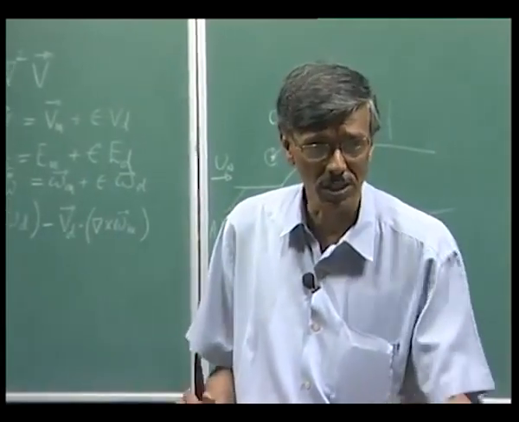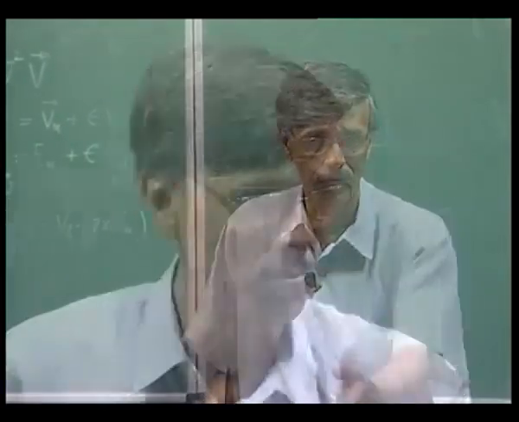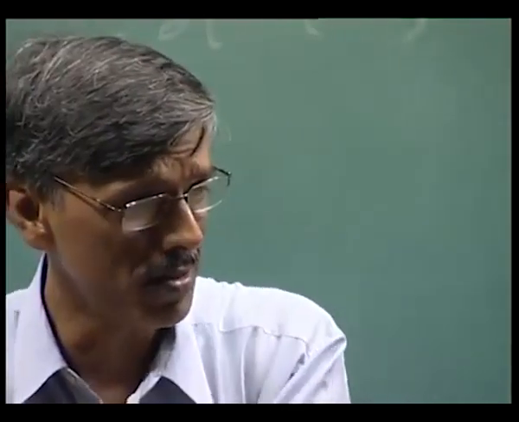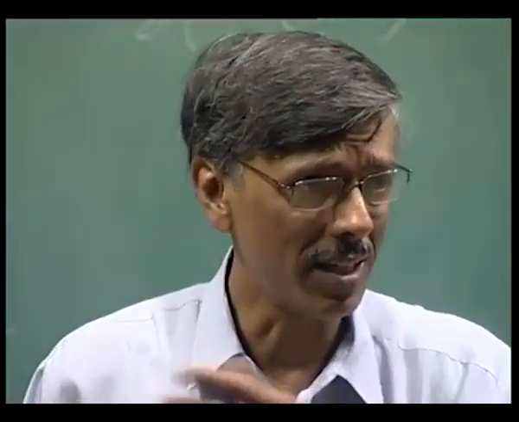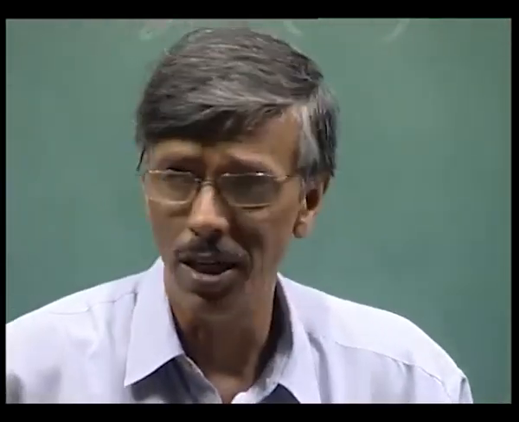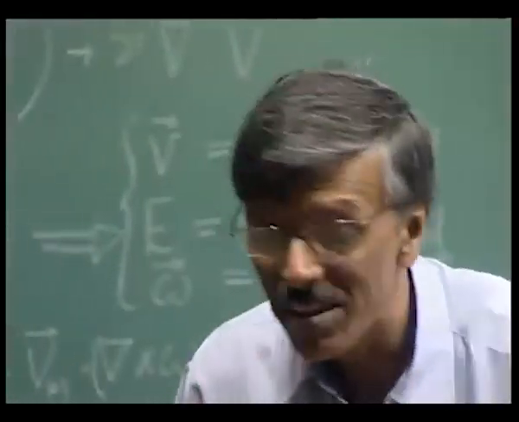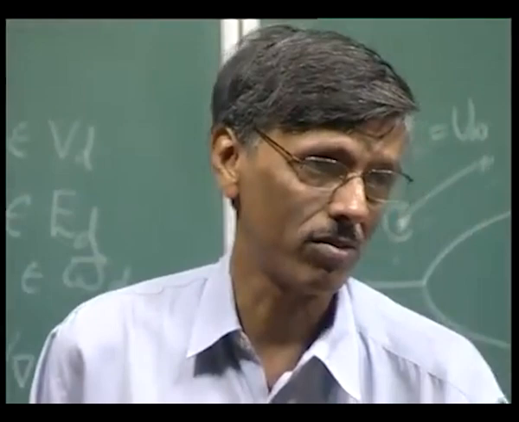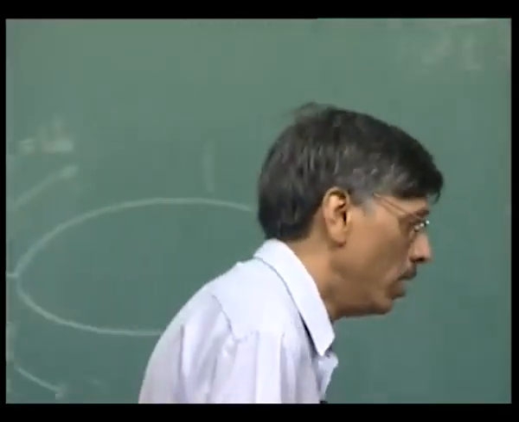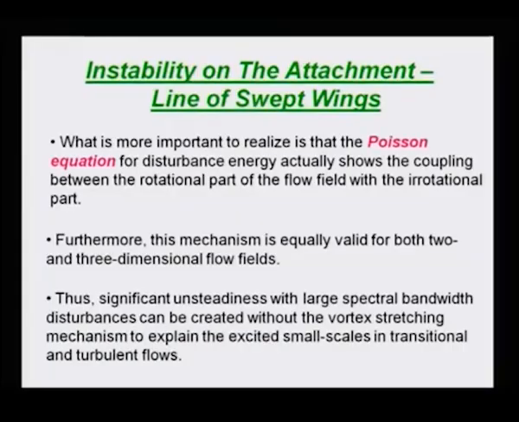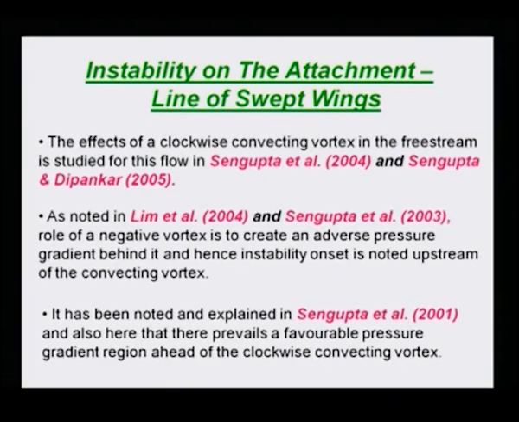One is, of course, the dispersion mechanism that we showed for the case of periodically passing vortices, and the other is the bypass mechanism, where we obtain a similar bandwidth-filling picture for aperiodic vortex passing by. So, I think we should be able to understand what we have been talking about.